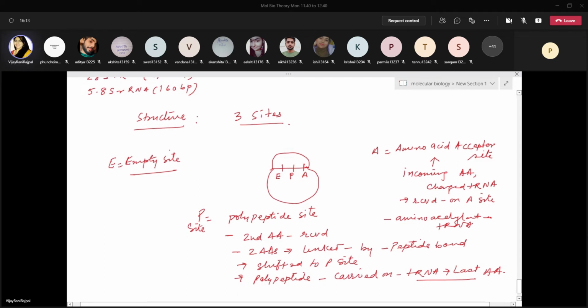So it is always carried on a tRNA, but finally these tRNAs also have to be removed one by one. After the polypeptide has been shifted, the tRNA which does not contain any amino acid or polypeptide now is known as deacylated tRNA.